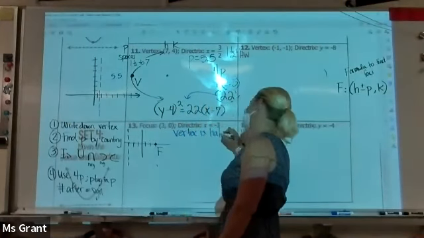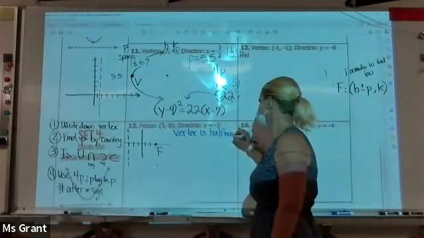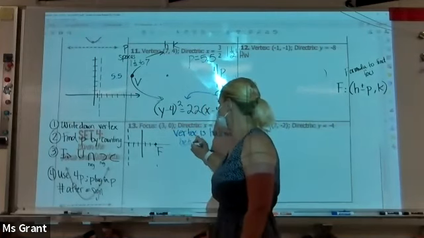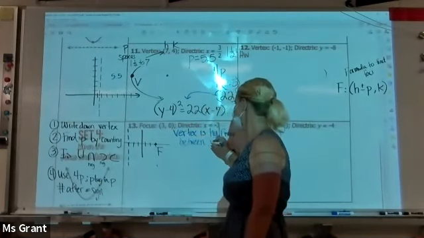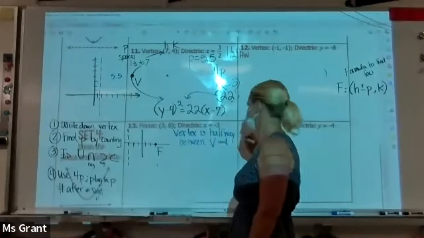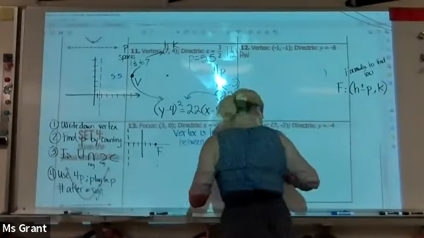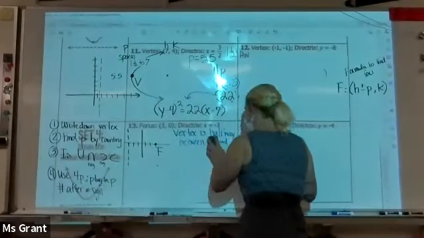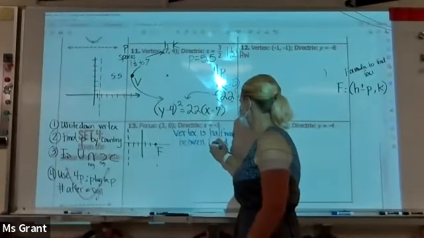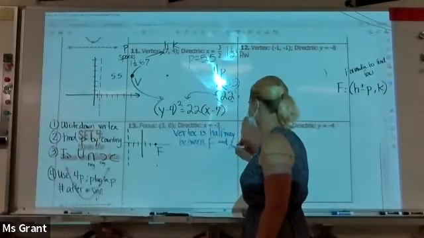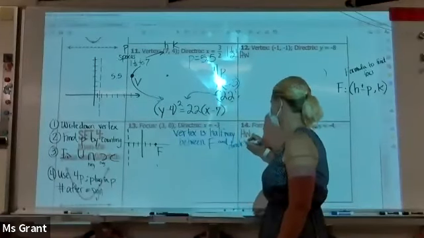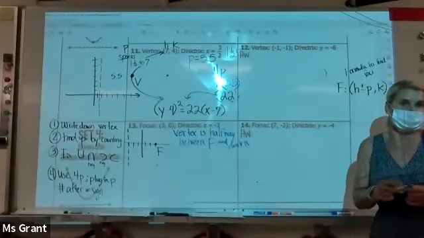Vertex is halfway between my focus and directrix. So I literally am counting.